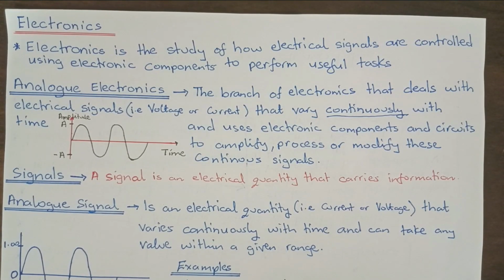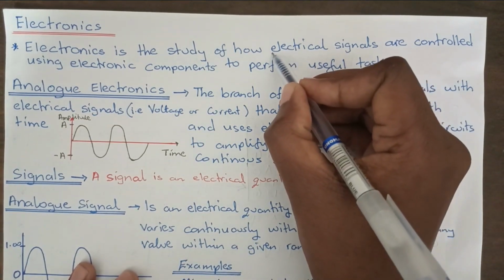First, let us define what is electronics. Electronics is the study of how electrical signals are controlled using electronic components to perform useful tasks. If you see in this definition, we have got the word electrical signal. Electrical signal, like what?